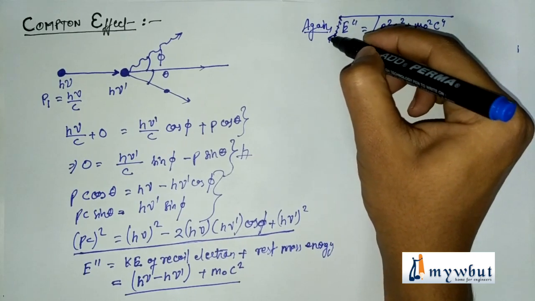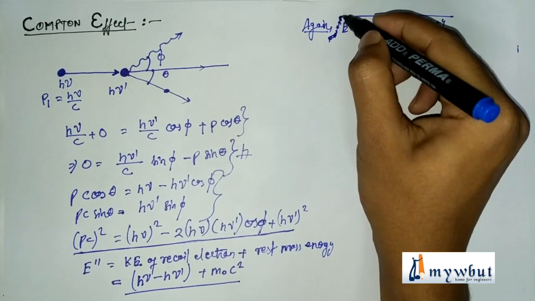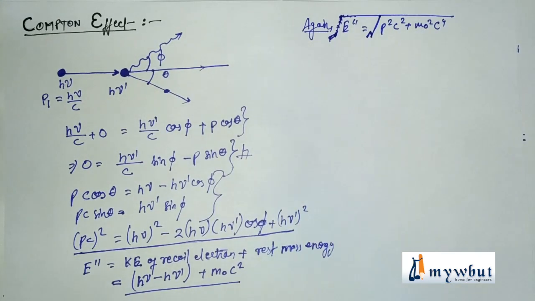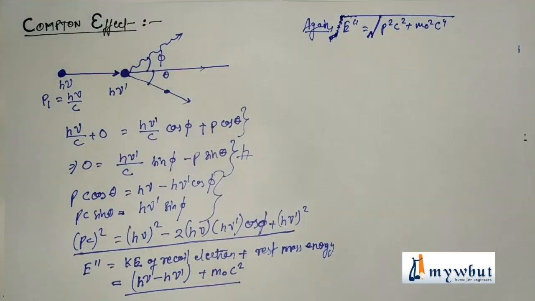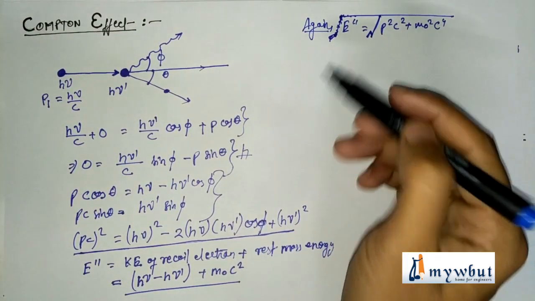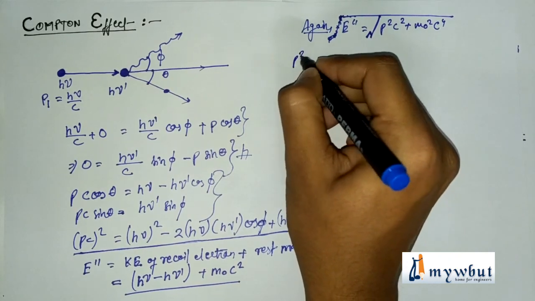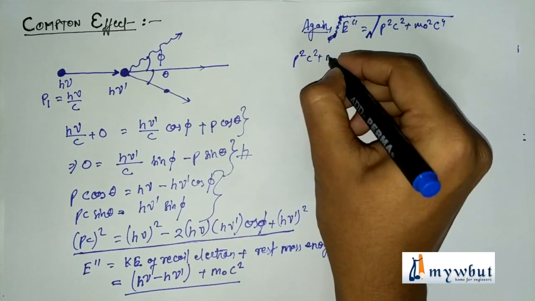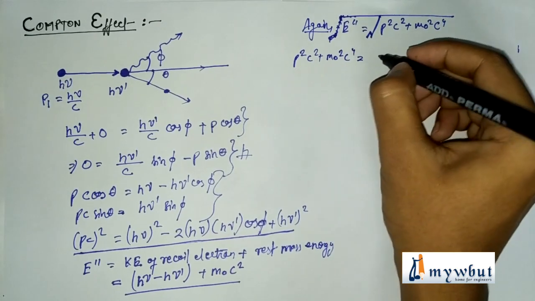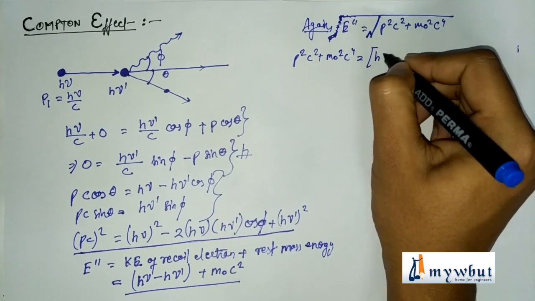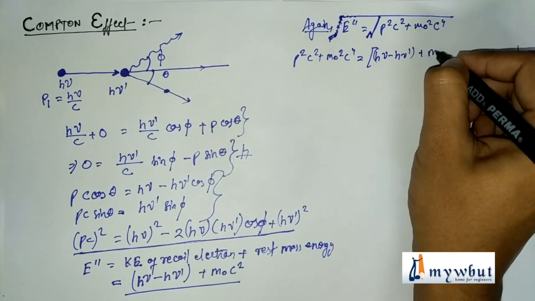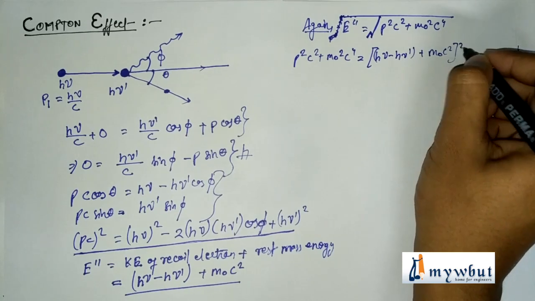So what can we conclude from these equations? We can say p square c square plus m naught square c to the power 4 is equal to h nu minus h nu dash plus m naught c square, whole square.